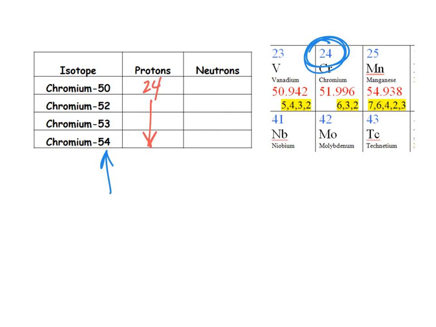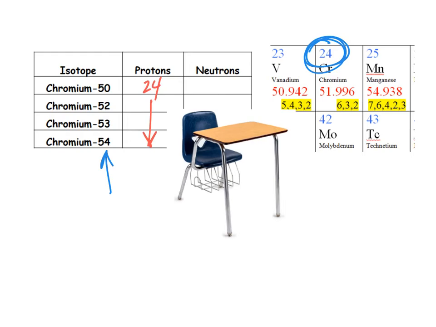All right, now what's chromium? Chromium is an element. It's kind of prevalent. We use it in a lot of places. Anytime you see something that's really shiny, like think of the legs on your desk when you're at school. They're nice and shiny metal looking things, and they don't get rusty and corrode. That's probably got chromium in it. We mix it with other metals to keep stuff from getting rusty and staying nice and shiny all the time.